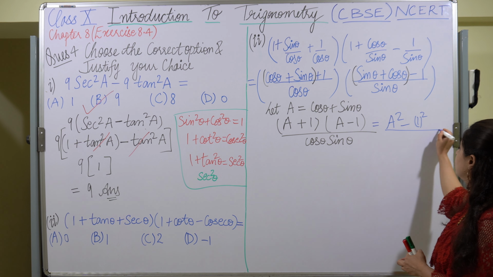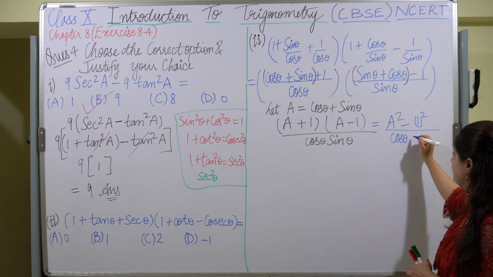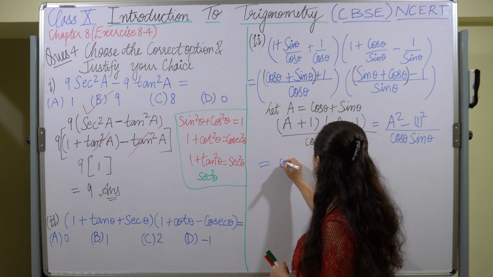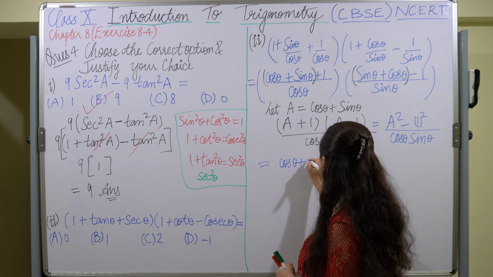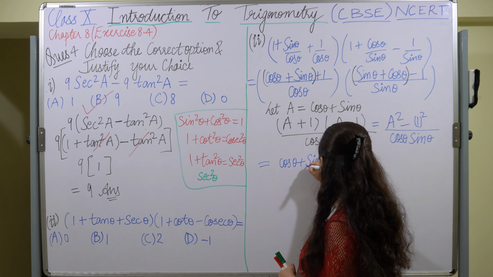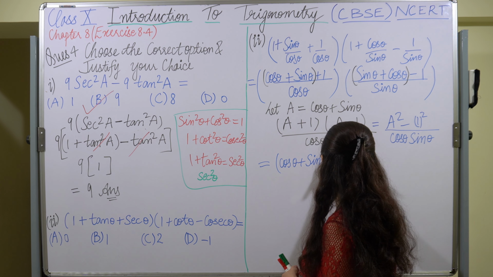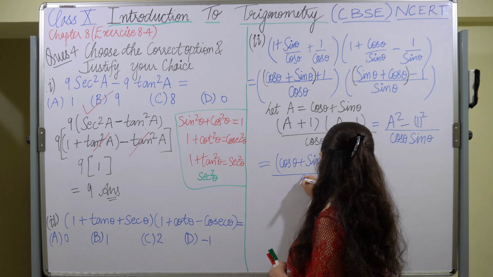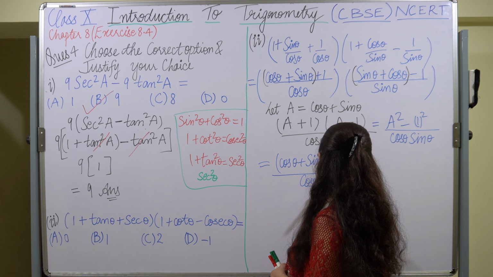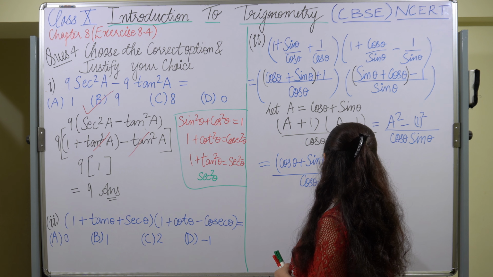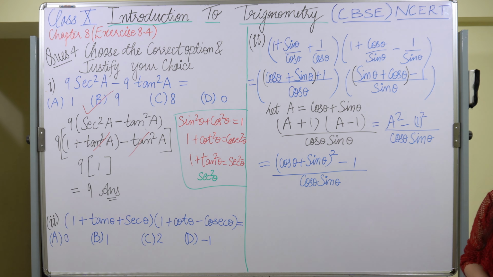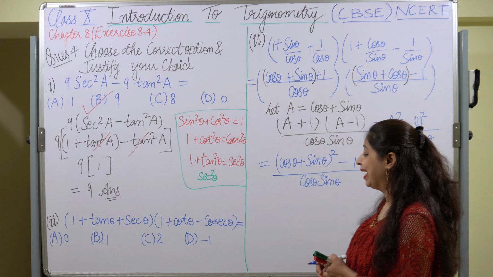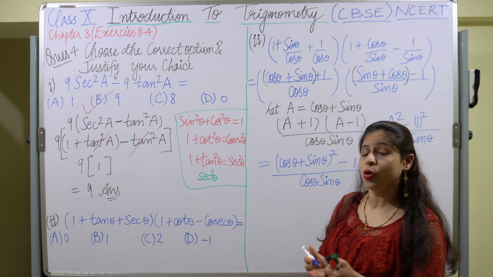Okay, so let us put it and let us solve it. So we'll be getting over here cos theta plus sin theta whole square minus 1 upon cos theta into sin theta. Okay, so now this becomes the formula for A plus B whole square.